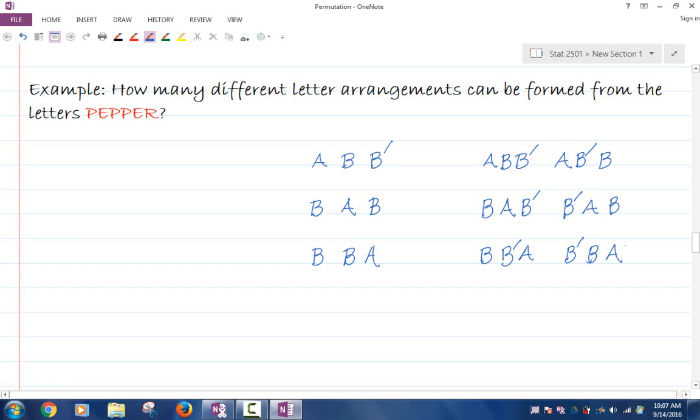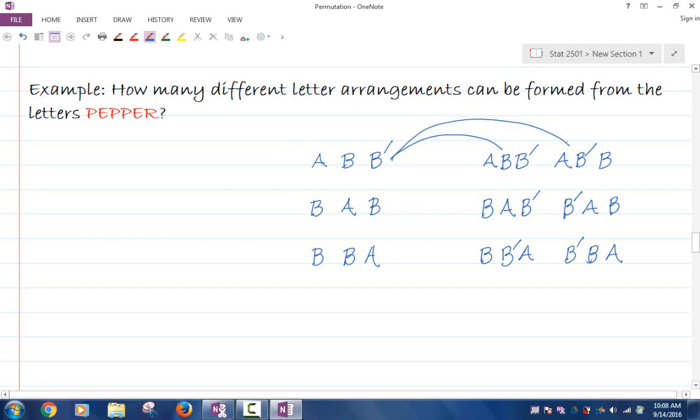So let's look at the distinct ones. Each distinct permutation is associated with 2 permutations if all the objects were distinct, right?